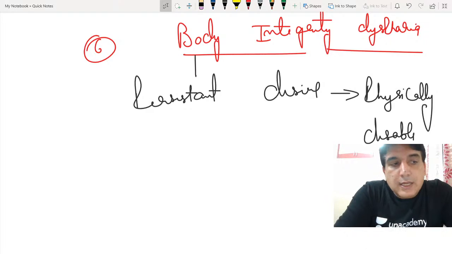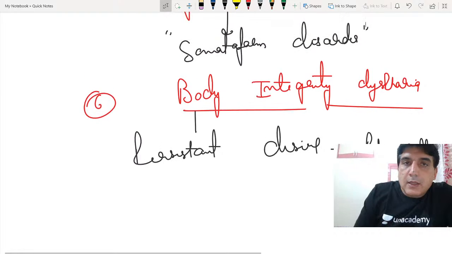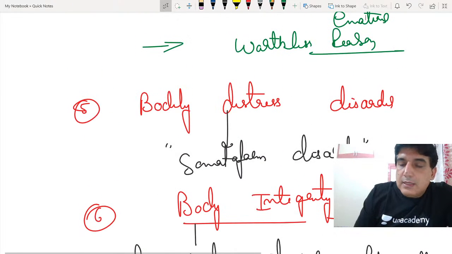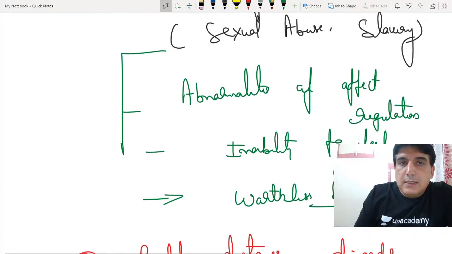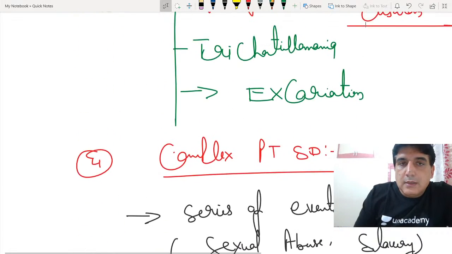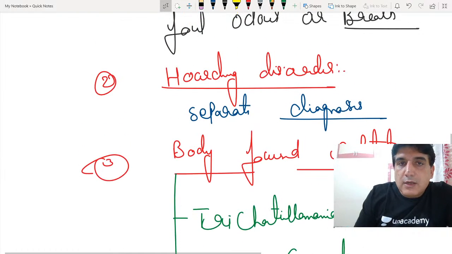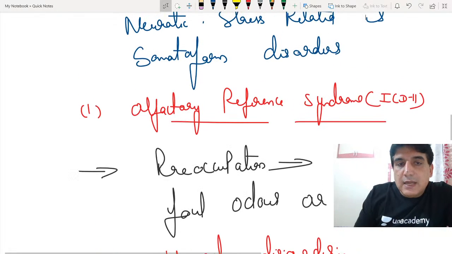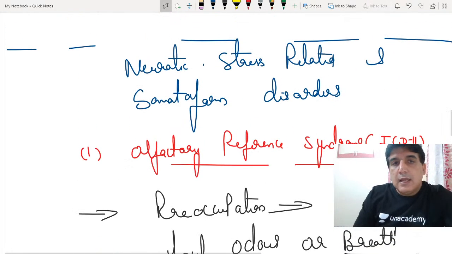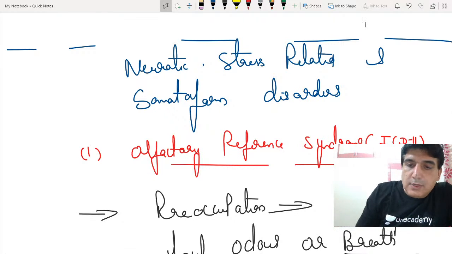This is body integrity dysphoria. So: body integrity dysphoria, bodily distress disorder for somatoform, complex PTSD, body focused repetitive disorder, hoarding disorder, and olfactory reference syndrome. These are many new important terms used under the categories of neurotic, stress related, and somatoform disorders.